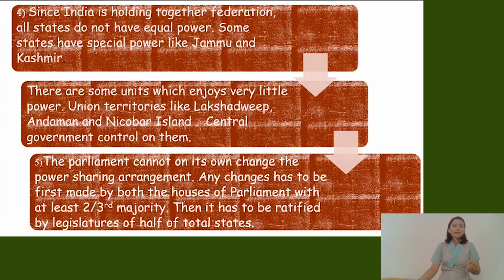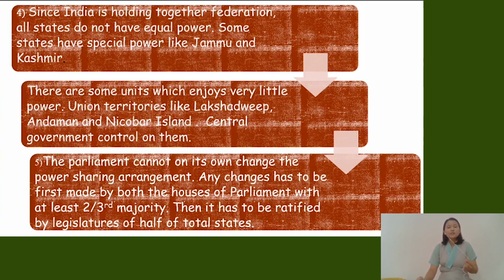Not only that, in India there are some territories which enjoy very little power. These are union territories. Union territories are those territories which do not have their own government. These territories are ruled by the central government and controlled by the central government directly.